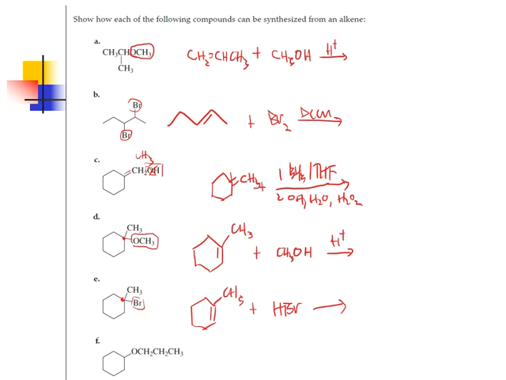So I'll just draw it here. And if this goes forward, H goes on one, Br goes on the other. My double bond breaks. H plays with other H's. Well, this one has one hydrogen. This one doesn't have any. So H goes down below, and then the Br goes up above, and that's where that one ends up going.